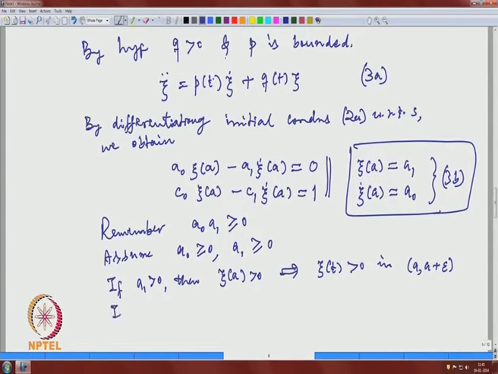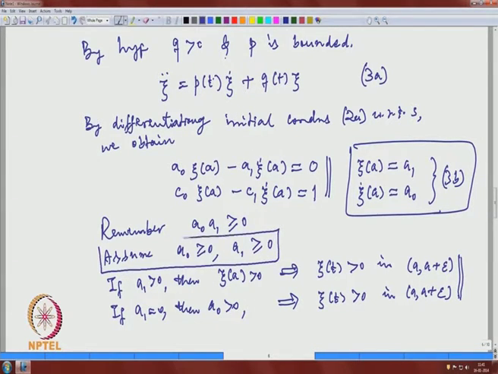And if a1 is 0, then a0 is positive by our choice, and look at the second condition, J dot a equal to a0, a0 is positive. So J is again increasing, so again J t is positive in some a to a plus epsilon. This epsilon may be different. What we are trying to say here is J remains positive with this assumption.